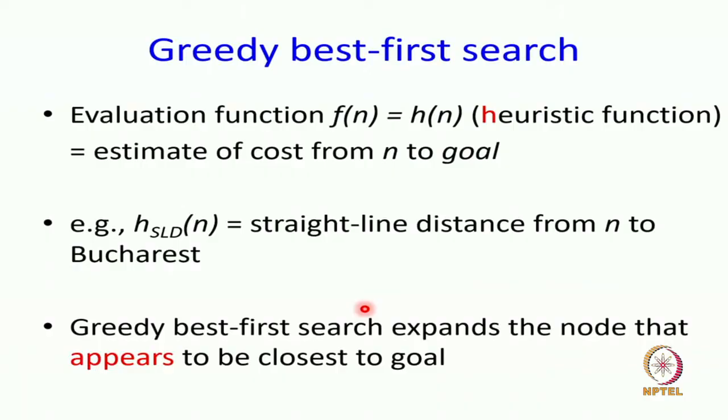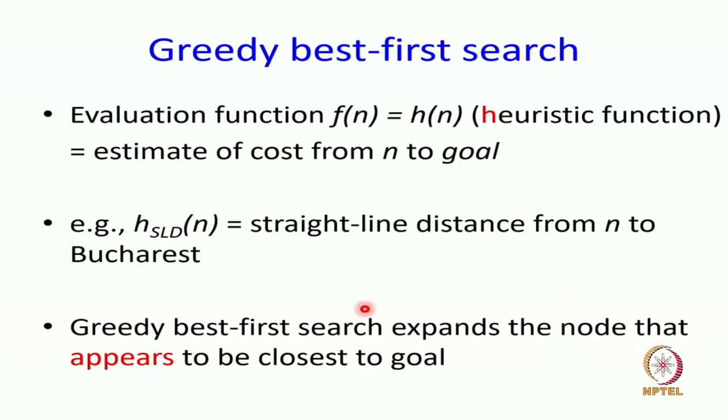So, let us stop at this point. This algorithm is called the greedy best first search. It says evaluation function f of n is equal to h of n. The node I am going to expand next is the node which gives me the hope that it is going to reach a goal with the lowest cost. Its h function is the lowest.